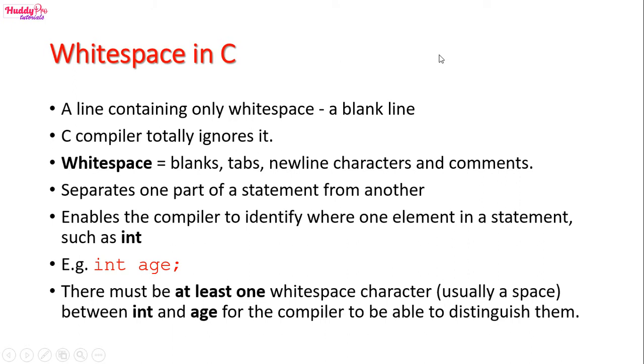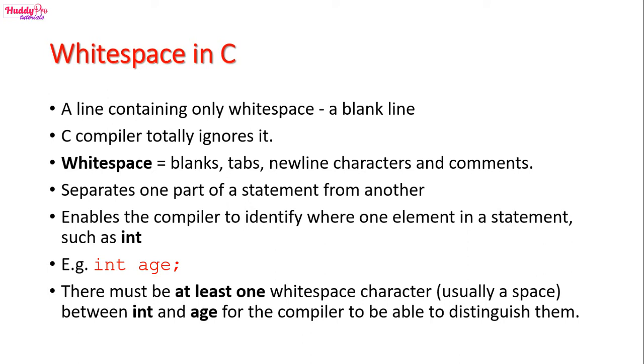Now let's talk about the white space in C. A line containing only white space, possibly with a comment, is known as a blank line, and the C compiler totally ignores it. The white space is the term that we use in C to describe blanks, tabs, new line, and some other characters and comments.